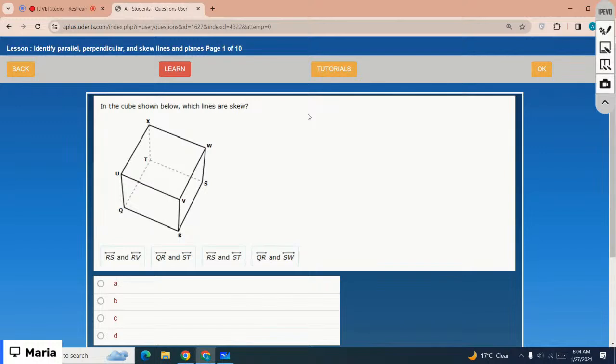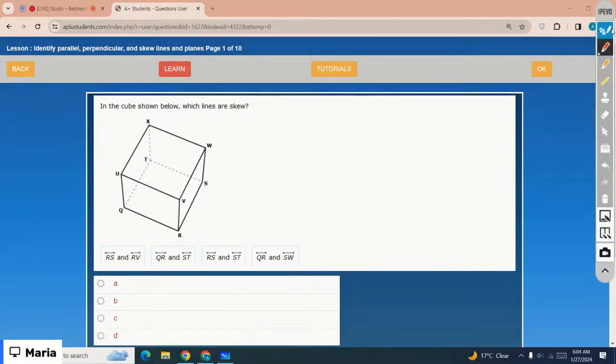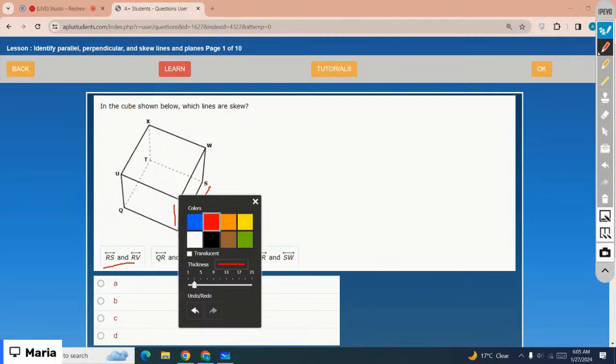So what are the skew lines? Skew lines are the ones that never intersect each other and also they are not parallel. Let's see which pair is skew. RS and RV, they are already intersecting at one point. This isn't skew, right? Skew lines never intersect and are never parallel.